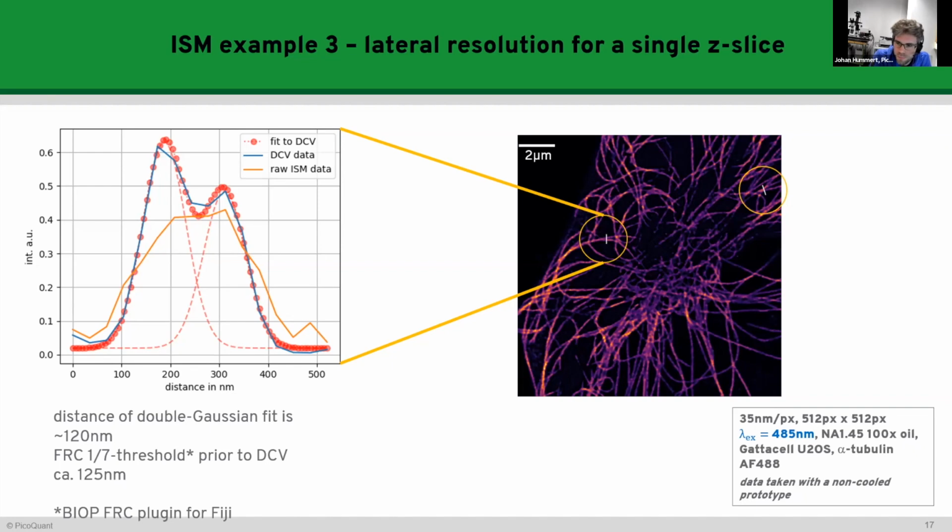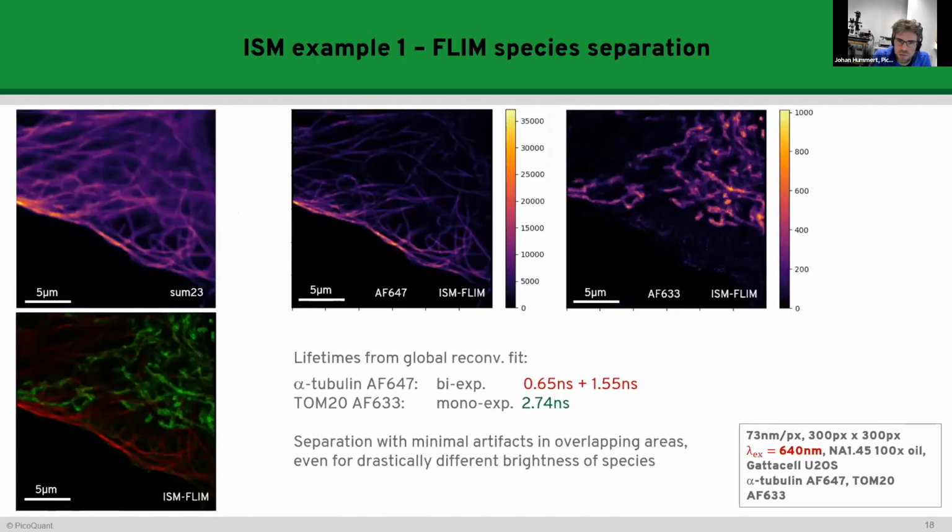But then the main advantage of using the spot array for this is that all of this naturally combines with the time resolved detection. So here we have yet again a third sample where two species in the sample are stained with two different fluorophores. Alpha tubulin is stained with a bi-exponential fluorophore, and TOM20 is stained with the mono-exponential fluorophore of a longer lifetime.